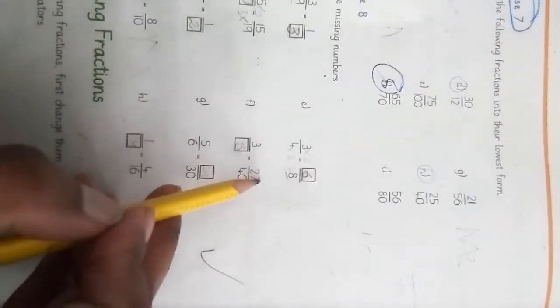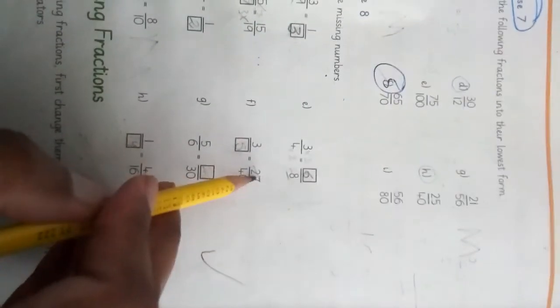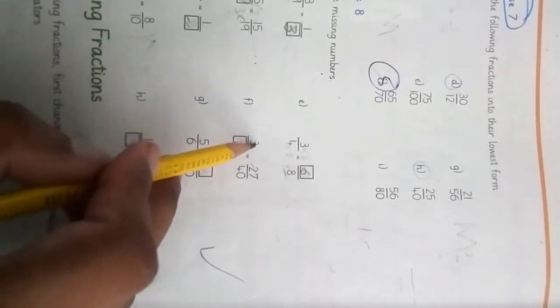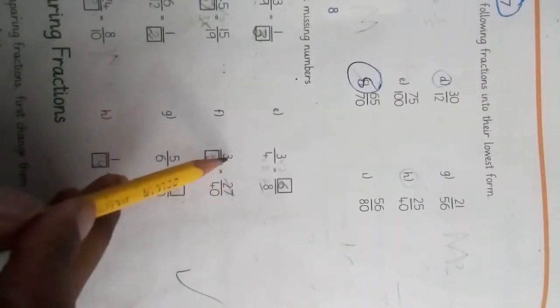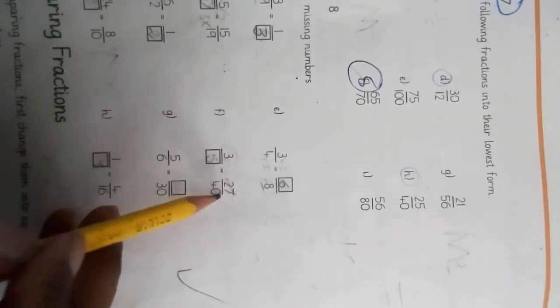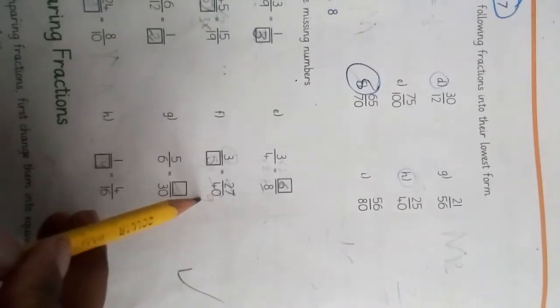As you see in 27 over 40, its equivalent is 3 over blank. If we divide 27 by 9 we get 3, and dividing 40 by 9 we get an answer in points, like 4.4. Okay, and the next is 6 over 12.